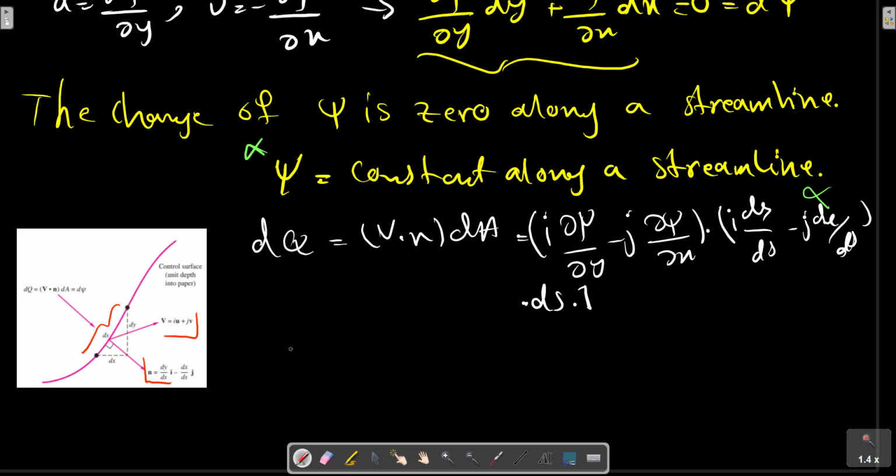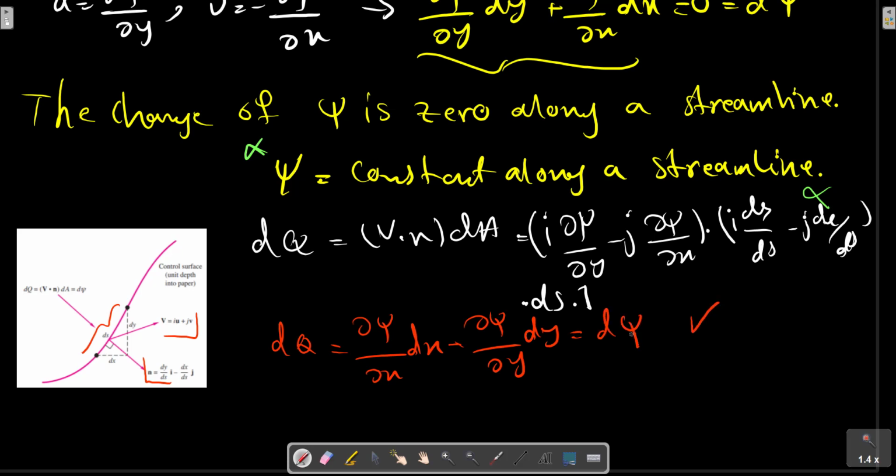So dq equals d psi. Thus the change in psi across the element is numerically equal to the volume flow through the element.